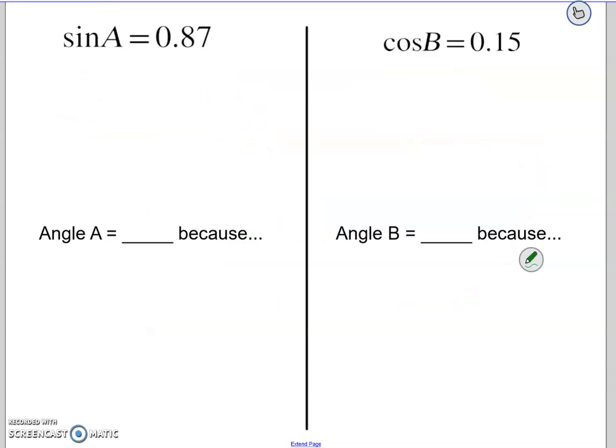Let's try two more, and what I would suggest that you do in this case is actually I'll do one side and then the other side. Maybe pause the video and see if you're at the point where you can try this on your own already.